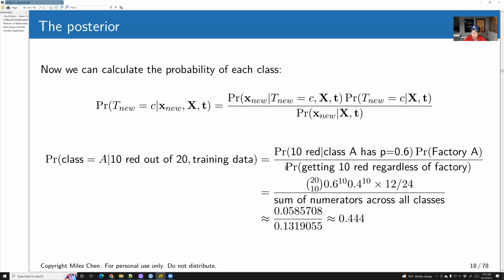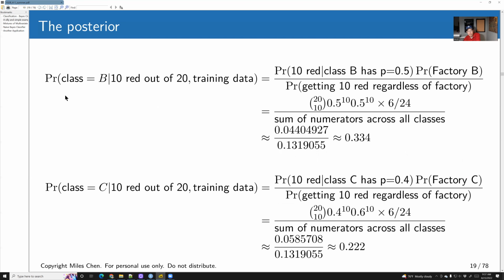Then we divide by this marginal probability, which is the probability of getting 10 red marbles regardless of factory. So I would have to calculate this numerator across factory A, factory B, and factory C, the three possible classes, and I get this number. I get 0.44 for the probability of being class A. I do the same thing for class B and get around 0.33, and for class C I get 0.22.